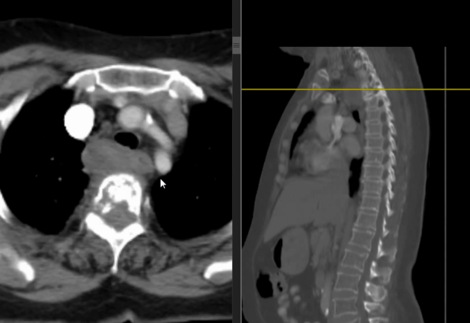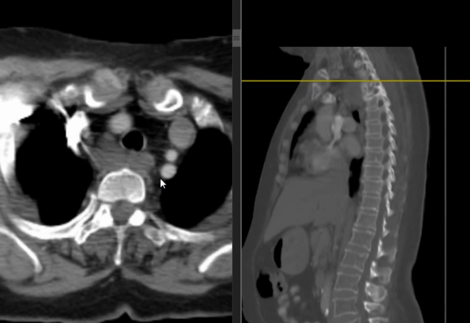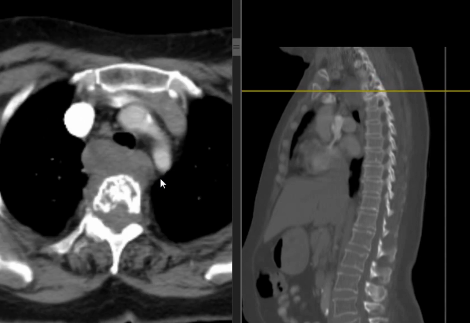If you look carefully, first you'll see this exit foramen is definitely not normal, and the vertebra is eroded from here, indicating this lesion is extending into the spinal canal. It's compressing the spinal cord, it's causing the patient weakness.